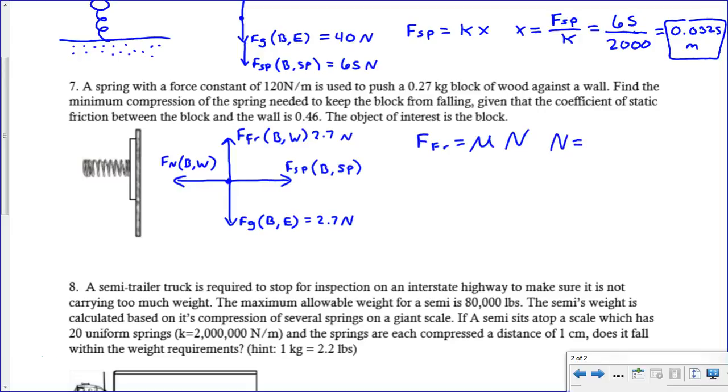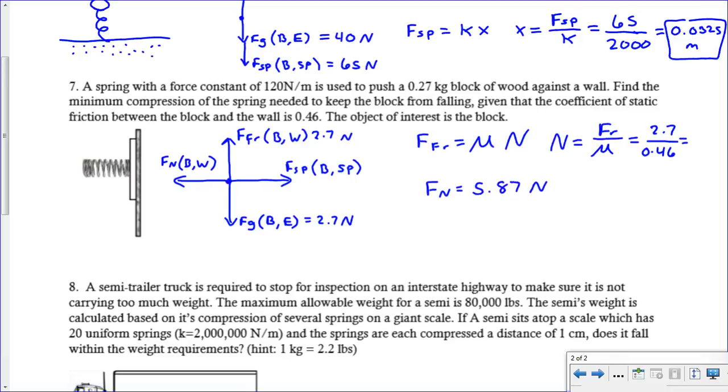Normal force is equal to the friction force divided by the coefficient of friction, which in this case just equals 2.7 divided by 0.46. Calculating that, you get the normal force equal to 5.89. Oh, sorry, 5.87.